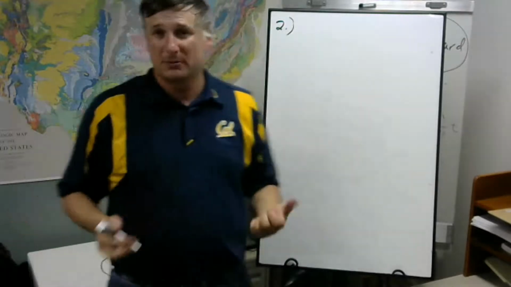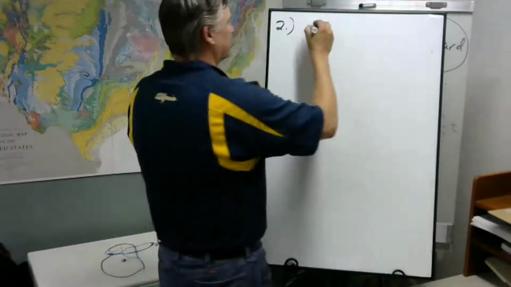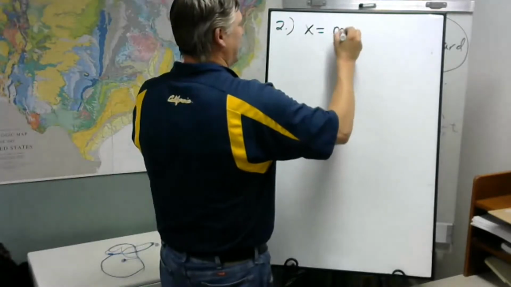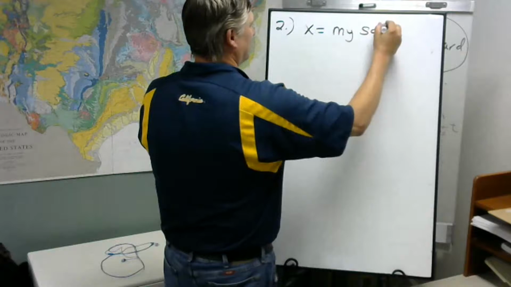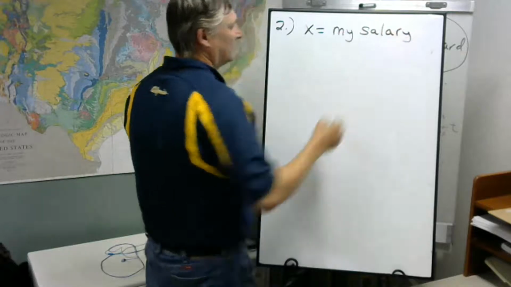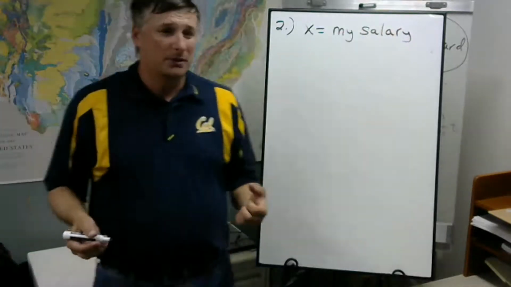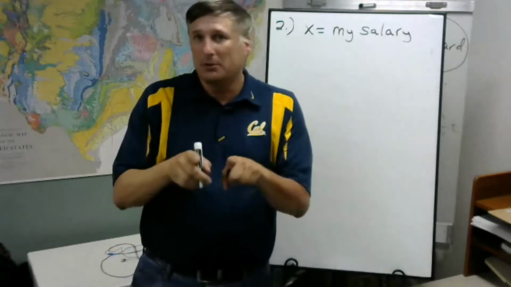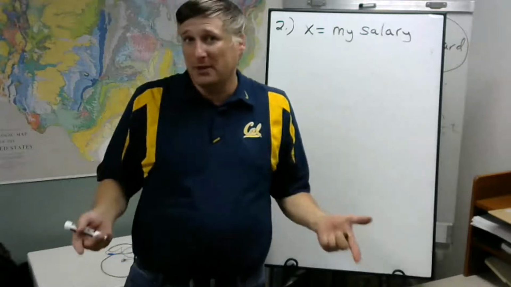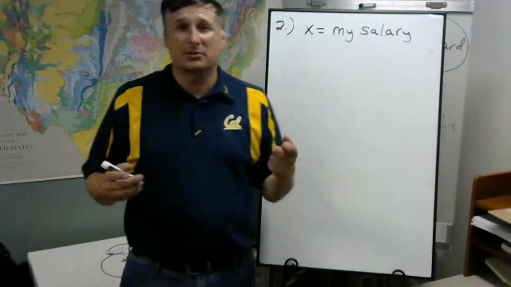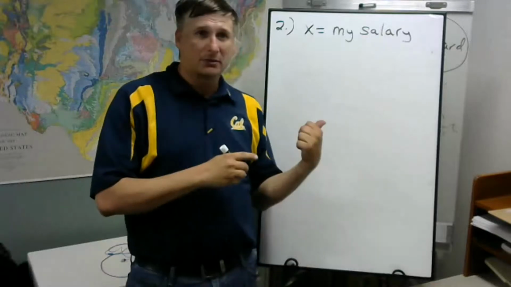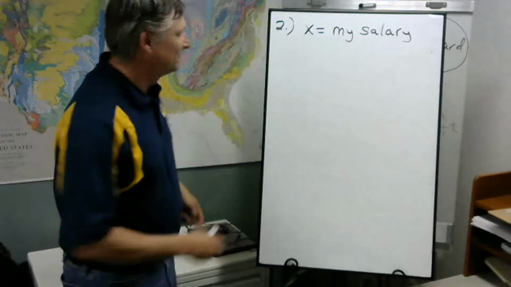So let's come up with some expressions. Now we know that my salary is X. We also know that twice my salary is equal to yours, because you make twice as much as I do. So let's come up with an expression in terms of X for your salary.